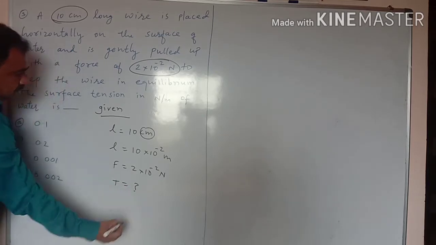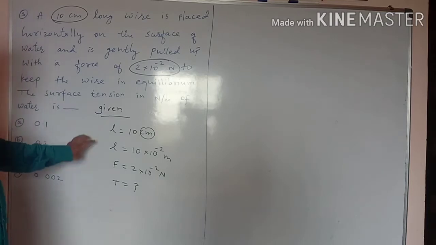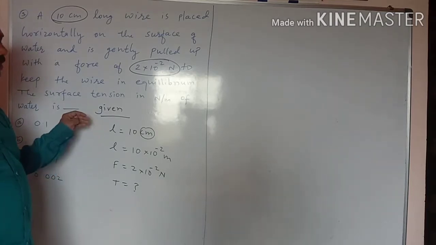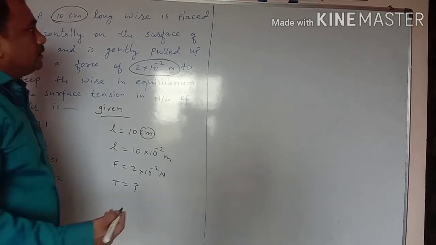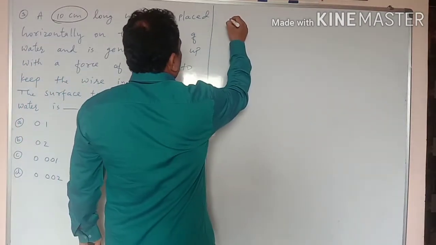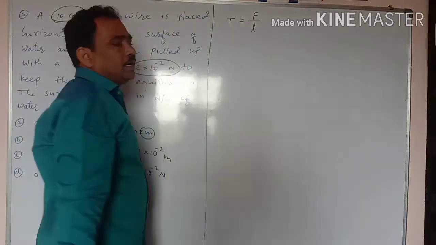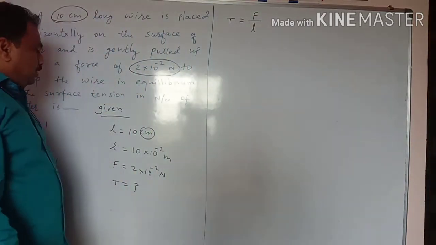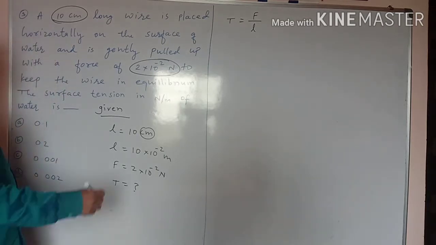Surface tension, that is the capital T. So again it is a very simple concept based on surface tension, and we know the formula to calculate surface tension. Surface tension is exactly equal to force per unit length. So we have to put all these things there. But see here, a wire is there.